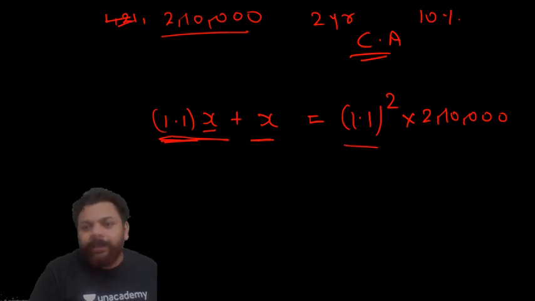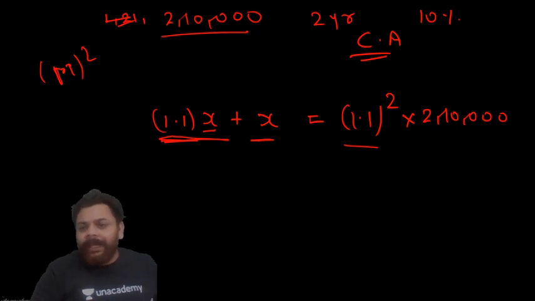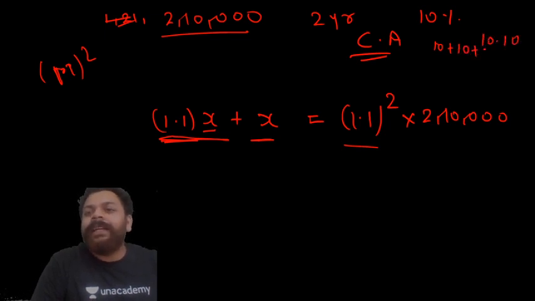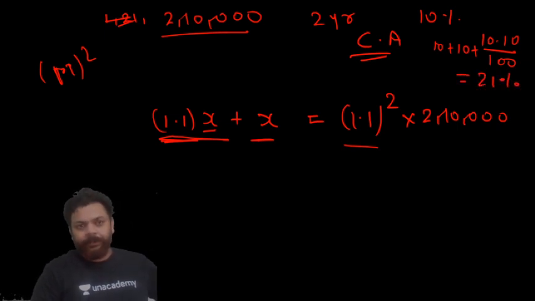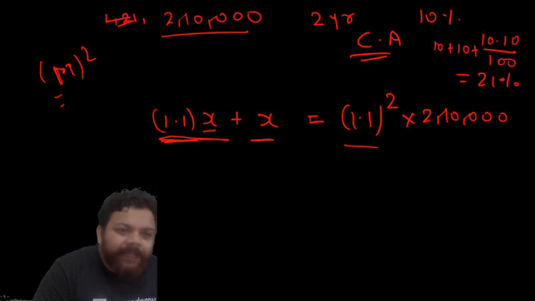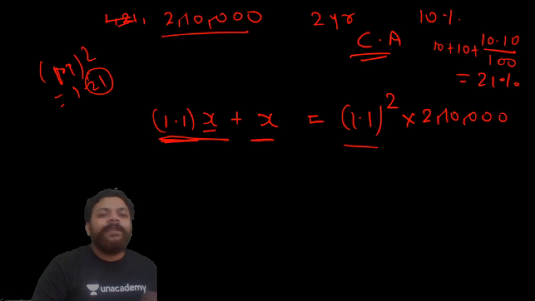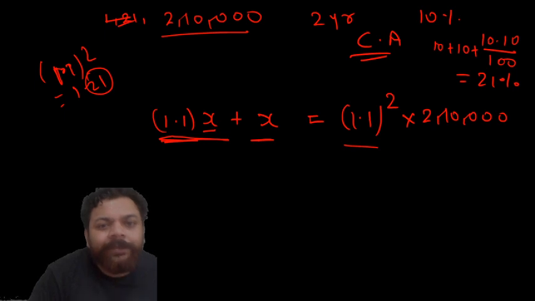And overall, if you calculate compound interest of 10%, it will be 1.1 whole square. The effective rate of 10% compounded annually I can also calculate as 10 plus 10, plus 10 multiplied with 10 divided by 100, which is going to be 21%. And if I calculate this one, this will be 1.21. That means you need to pay 21% on the principal value. So that is how I'm writing 1.1 over here.